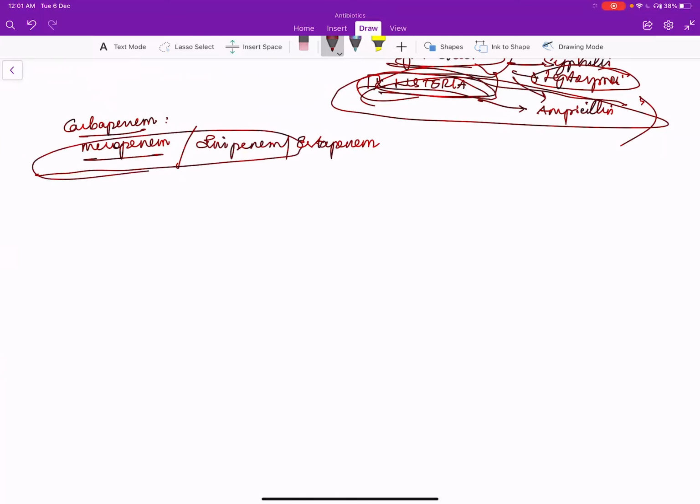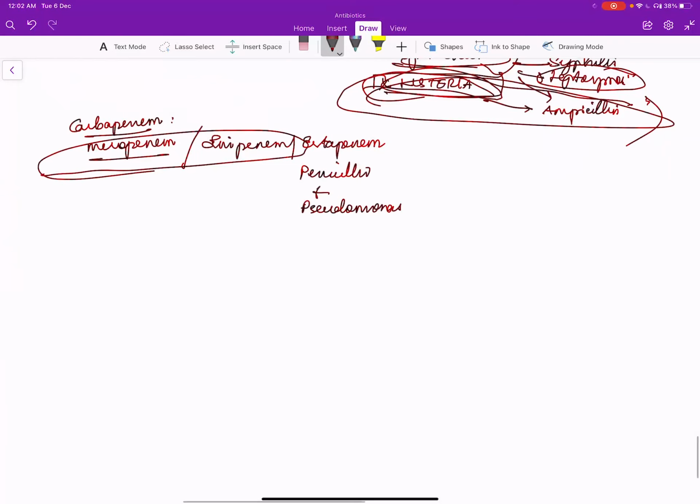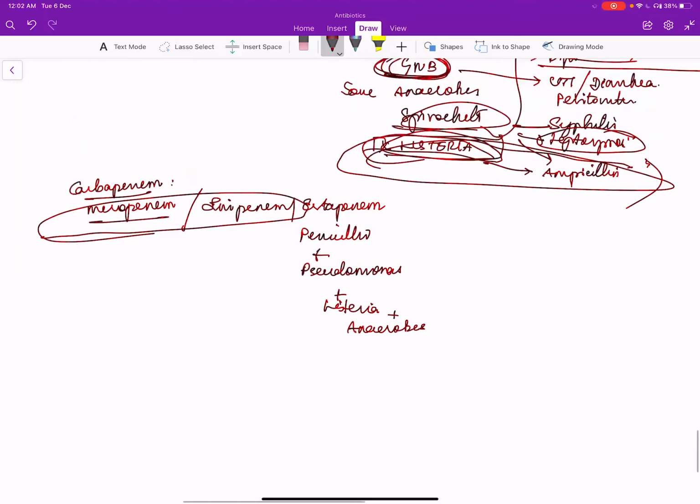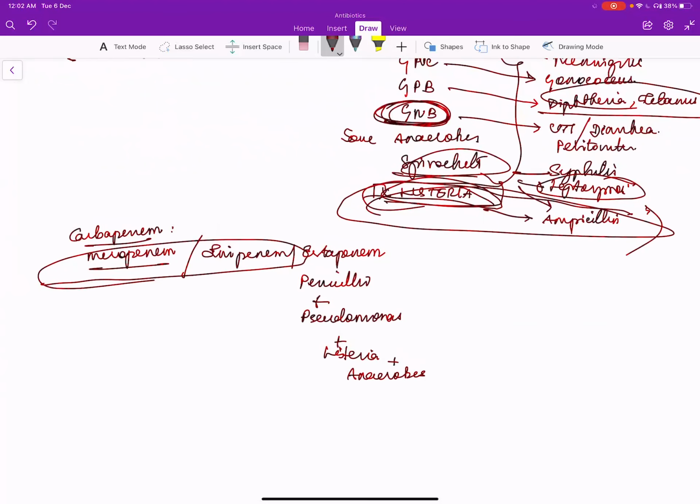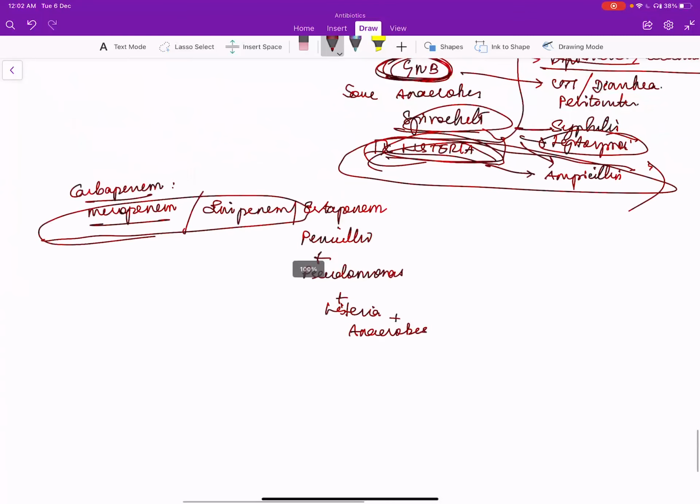Carbapenems have the same spectrum as penicillin plus Pseudomonas plus Listeria plus some extra anaerobes. So as the spectrum increases, it covers more and more anaerobes, more and more Listeria, more and more Pseudomonas. That's it.